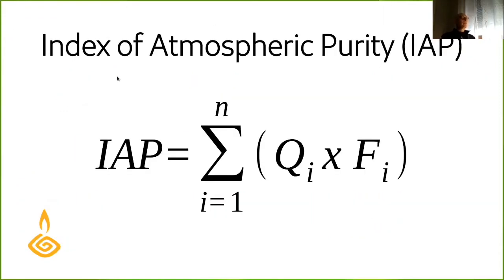And of course, the winner at the end was the index of atmospheric purity, as I will show in the next slides. The index of atmospheric purity was formulated by LeBlanc and De Sloover by this formula, where for each species there is the need to establish a frequency measurement as a measure of abundance, and to establish this Q value, which is the toxic tolerance value for each species.